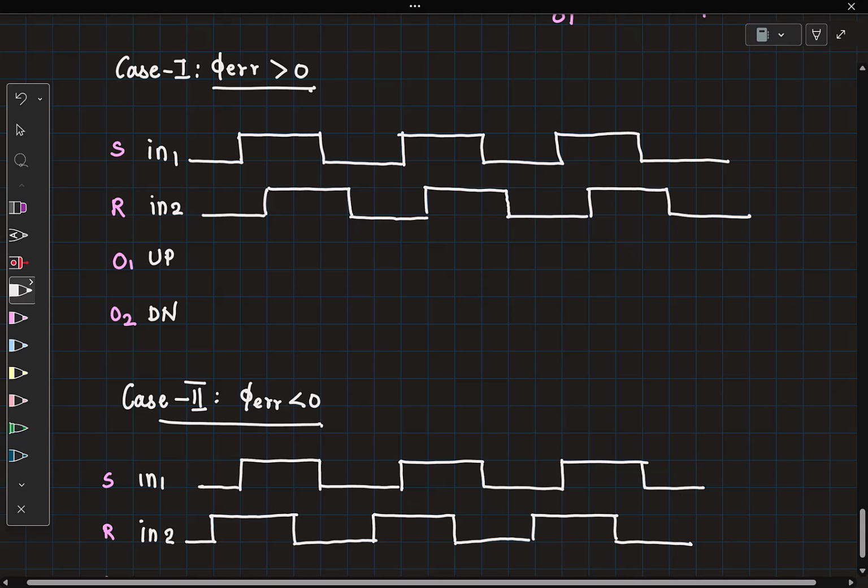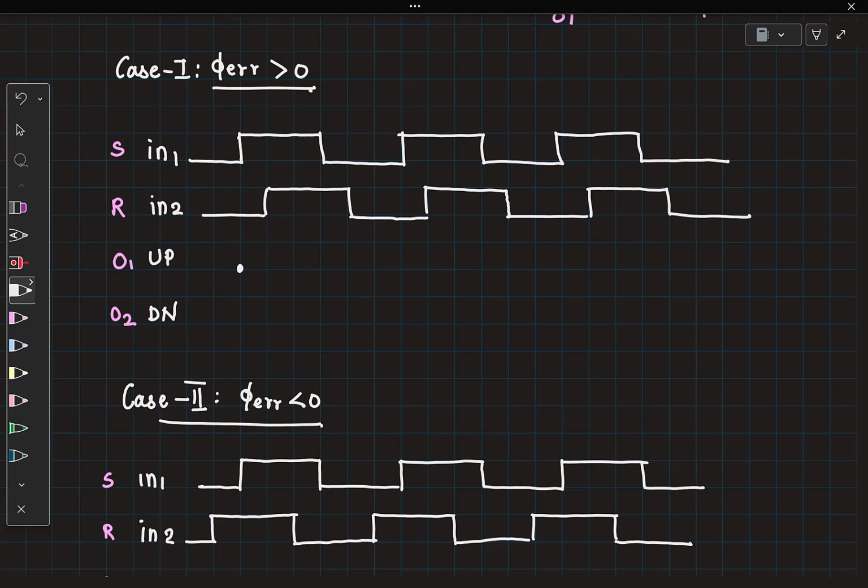Okay, let's try this together. So till this duration, both S and R are at 0. So it's holding some previous value which we don't know. So I'll start sketching from this point onwards. At this instant, S is 1, R is 0, which means up will be high and down is 0. Then both S and R are 1, which means both of them have to go to 0.